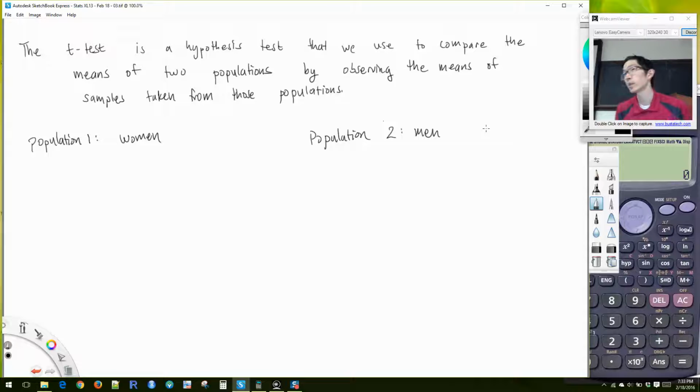And perhaps we are looking at the mean salary. So we'll look at mean salary for women, and we'll look at mean salary for men. And so the question is, is the mean salary for women the same or different than the mean salary for men?